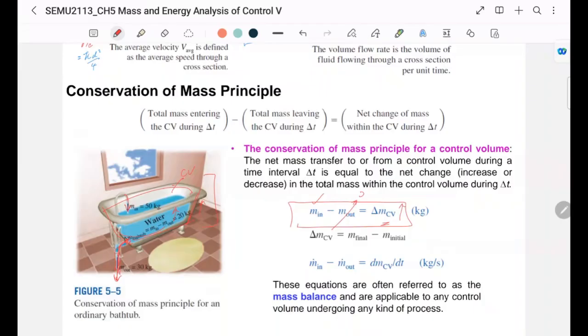But if you open the drain, which means mass out will not be 0, and if they are equal, which means you add the water as fast as the water flows out, then the water level will stay constant.